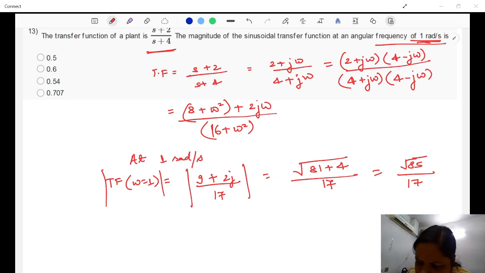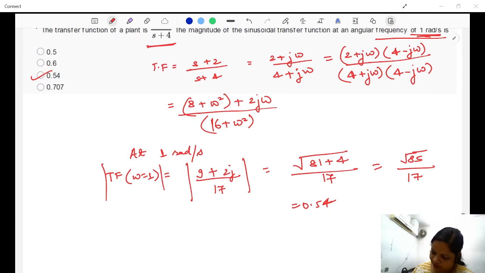Sorry, what is the answer? 0.54, ma'am. Right. Very good. It is 0.54. So this is the way in which you can find out the magnitude of the sinusoidal function.